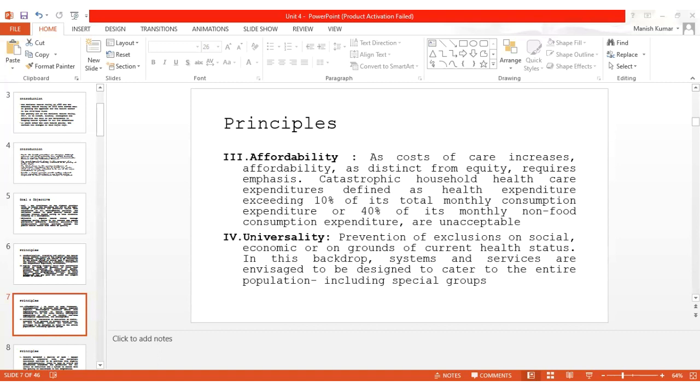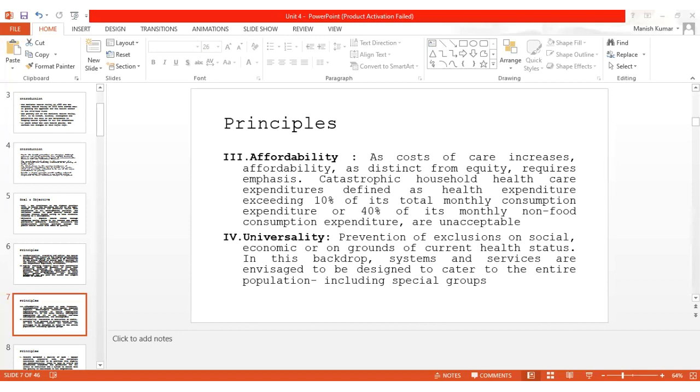So basically this principle says that the cost of the healthcare system has increased a lot, and it's hard to provide quality healthcare services to the population, because of which the public health system ensures that services provided at these facilities have to be affordable.